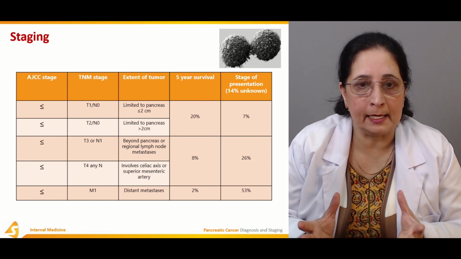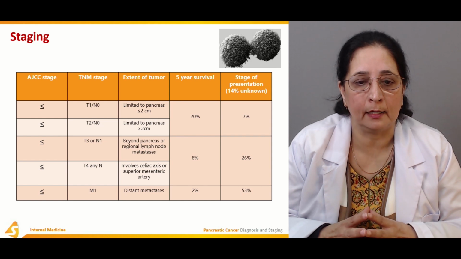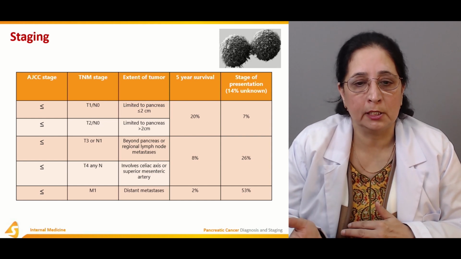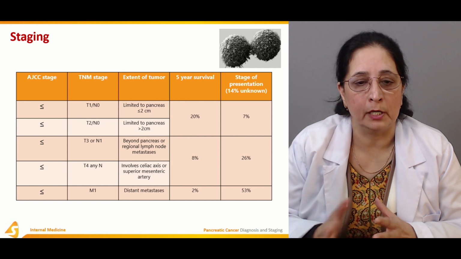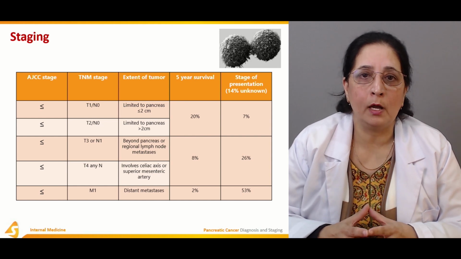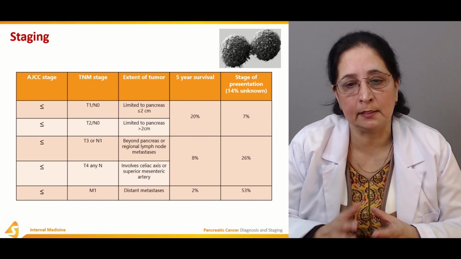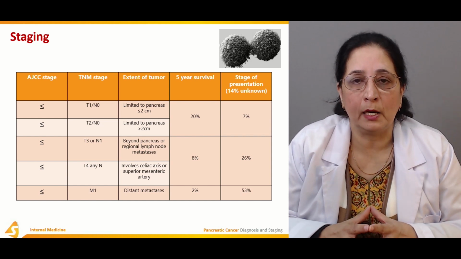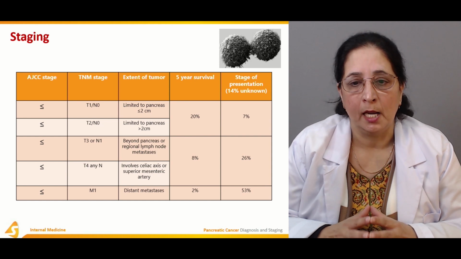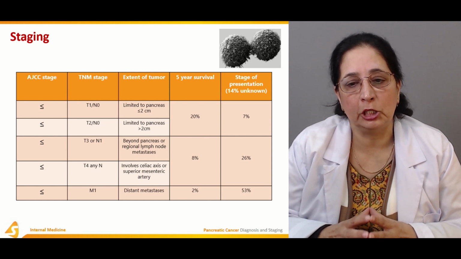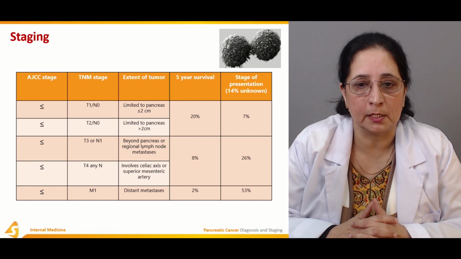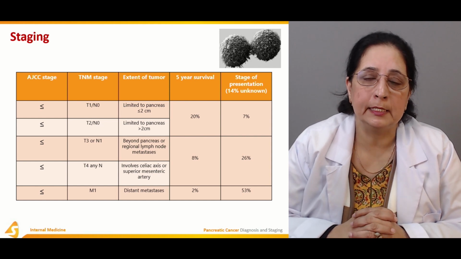In T4, any nodal involvement can occur, not just one lymph node site. And then M1, distant metastasis is present. It has already metastasized. The 5-year survival is only 2%, and 53% is the stage of presentation.